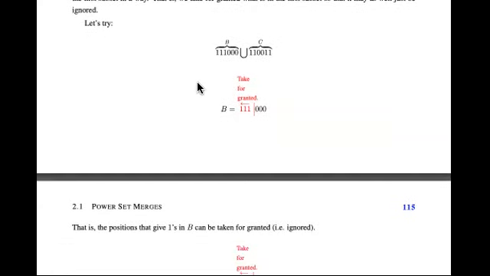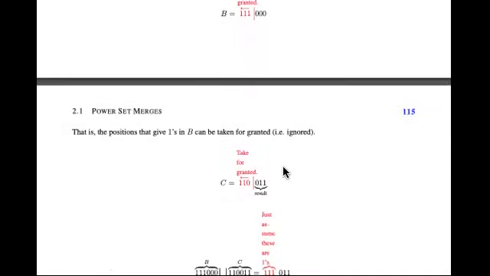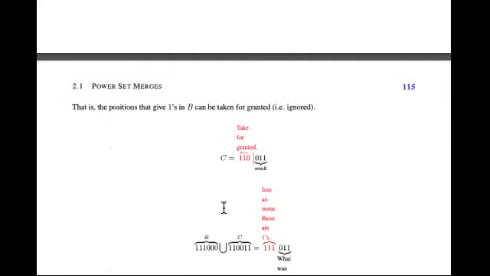Okay, so here we're going to take for granted that the first part of the code will always be ones whenever we union, and then we'll just tack on whatever is the last part of the code in the other one, so part C, or in C, here in the subset C. So here, we take the code for C, and then the first part we're just going to ignore or kind of take for granted and just assume that it's going to be ones, even though it's not ones, but we're going to change it to ones, and the rest will just leave. 0, 1, 1, and then the rest are just ones.